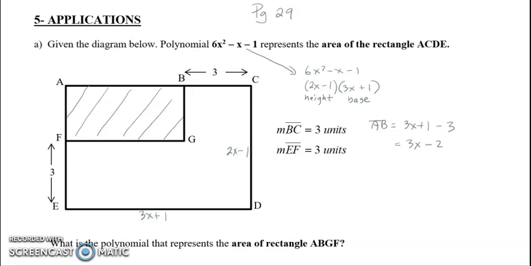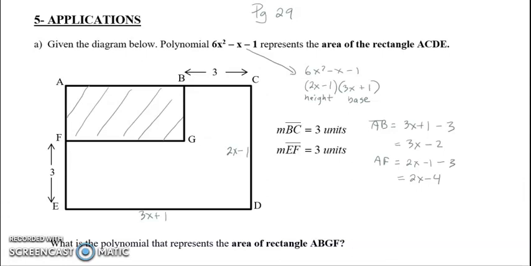And when we're going for the length of, no, we're going to go vertical, the length of AF, that's going to be equal to 2x minus 1, again, minus 3, right? Because we're subtracting the portion that would be from E to F, equals 2x minus 4.